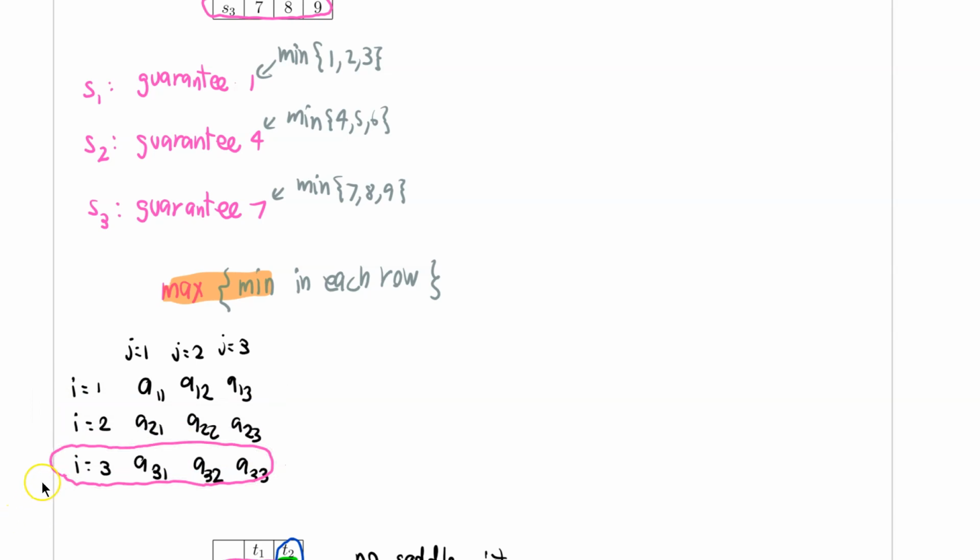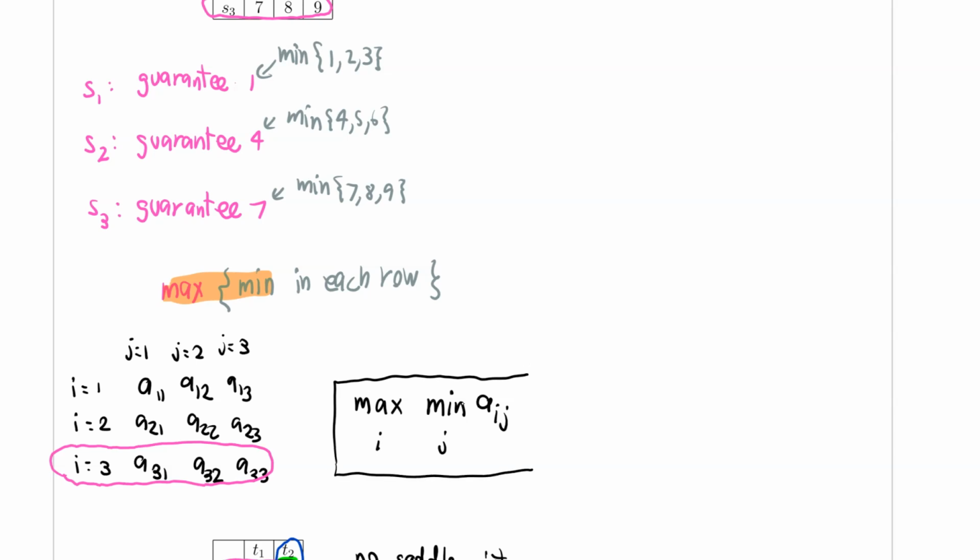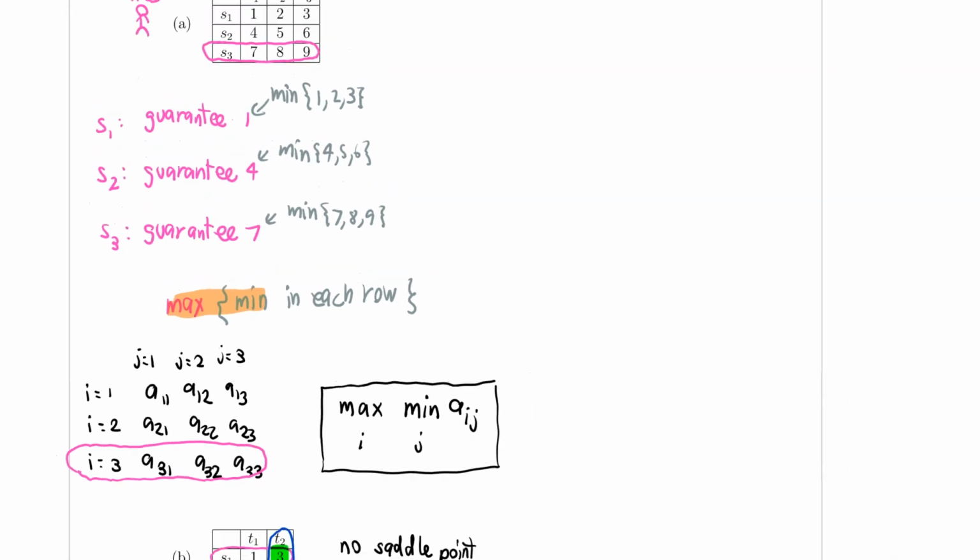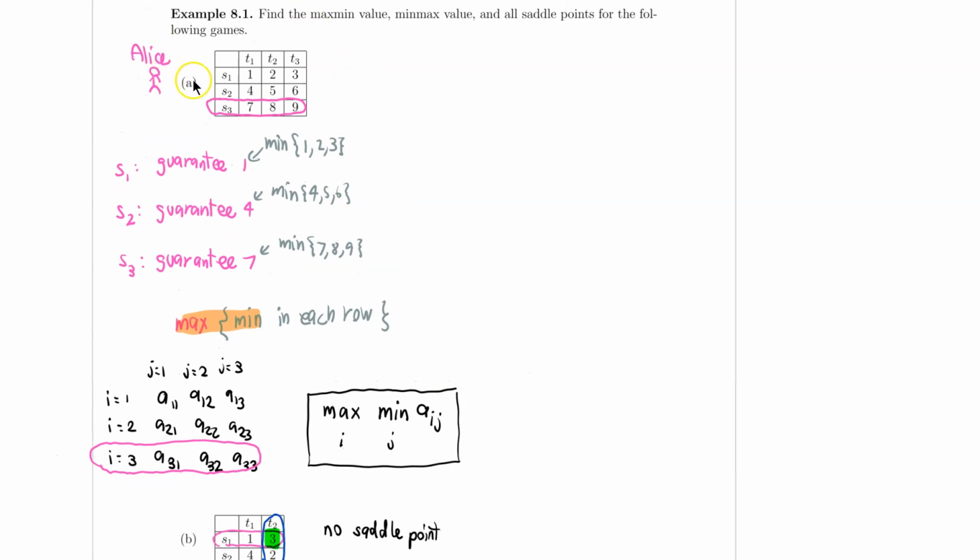So she is looking at the minimum of Aij while letting J run and I fixed, and once she did that, she looks at the maximum among the minimum numbers. This is the notation you might have seen if you have taken OR. So this is from Alice's perspective.